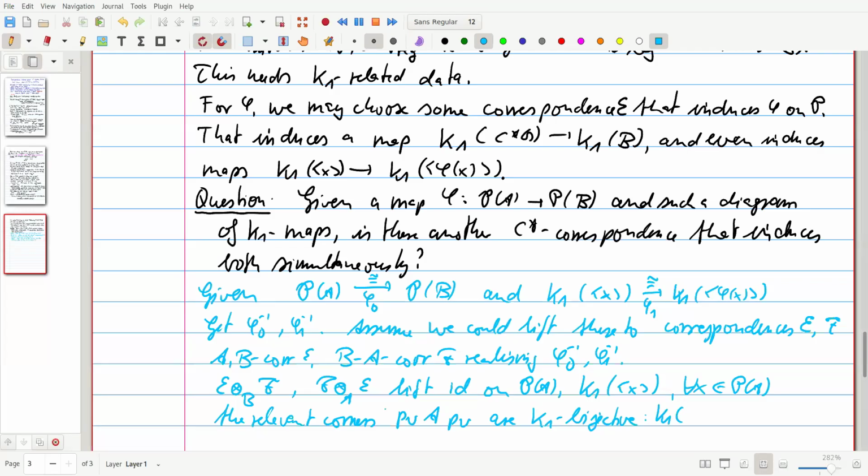So K1 of, maybe I call this thing C for corner, is just unitaries in C up to homotopy. This is a property that's also known for purely infinite simple C-star algebras, for instance. So it's not uncommon to have this feature. And it is also a property of graph C-star algebras. This is something we show in our paper, although we mainly use the simple case and then use some results of other people about how this property of being K1 bijective can be pushed through an extension to get the general case.